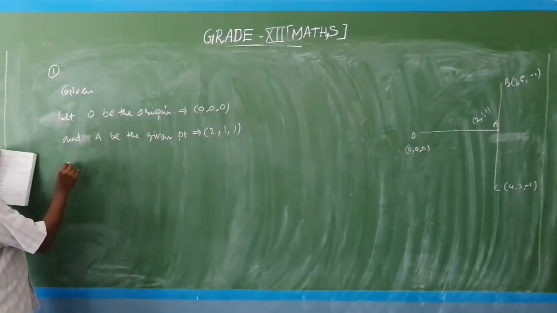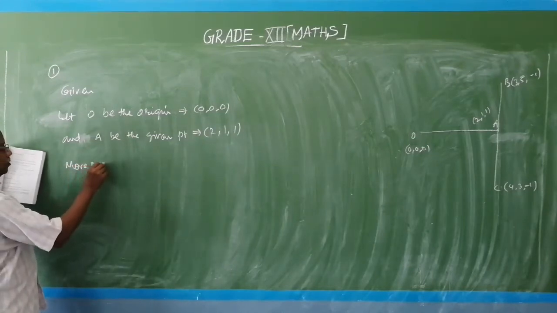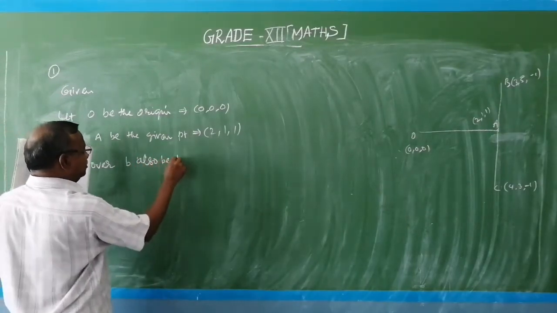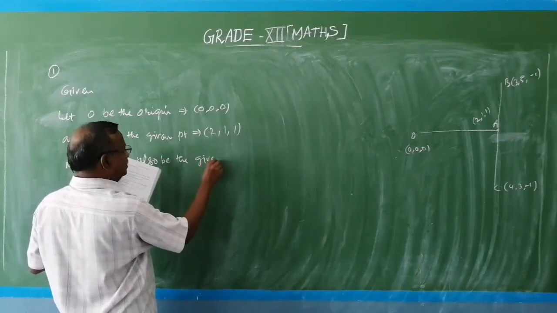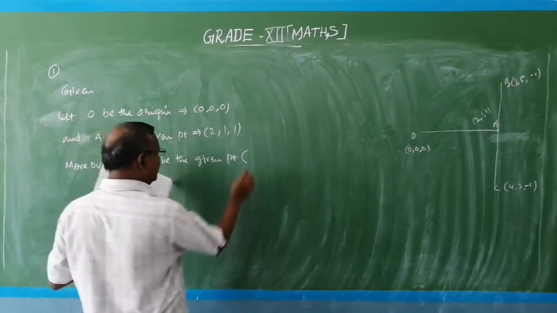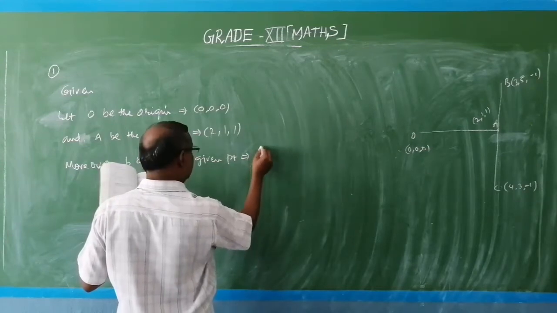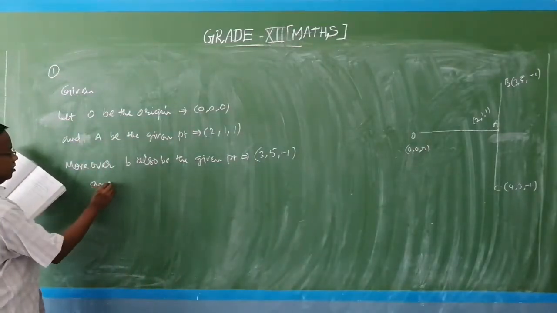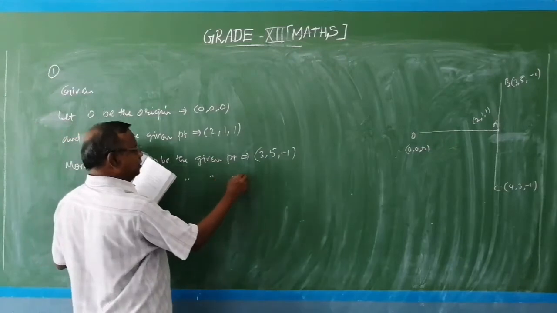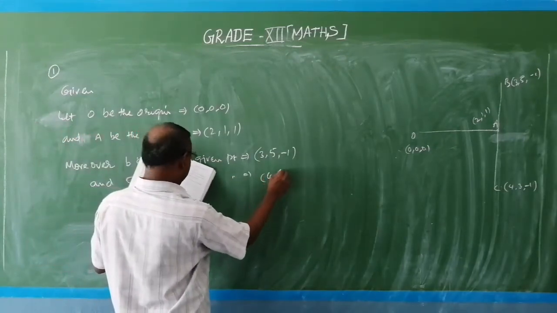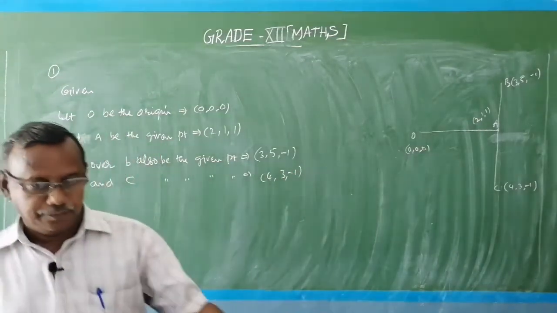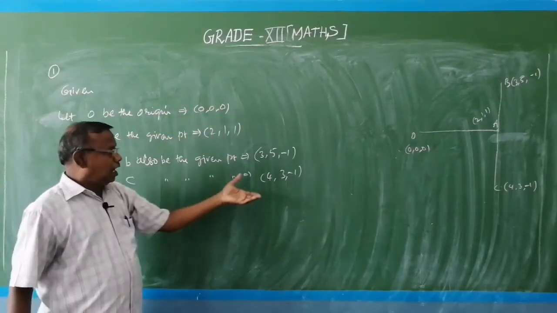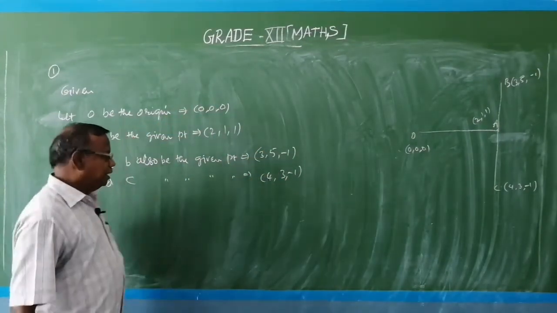B is also a given point whose coordinates are (3, 5, -1), and C is the given point whose coordinates are (4, 3, -1). Now we need to show that the line joining O and A and the other line joining B and C are perpendicular.